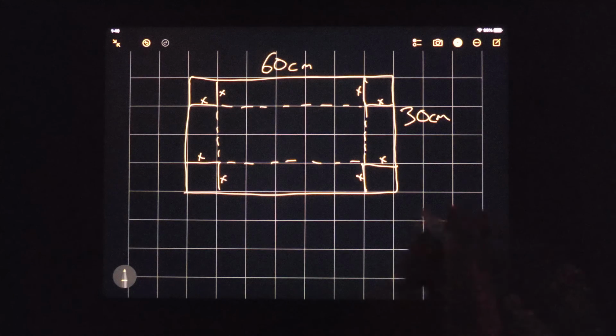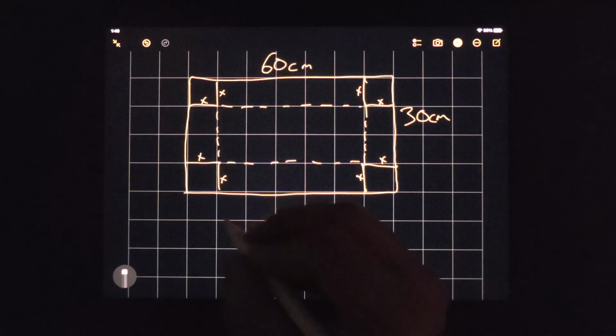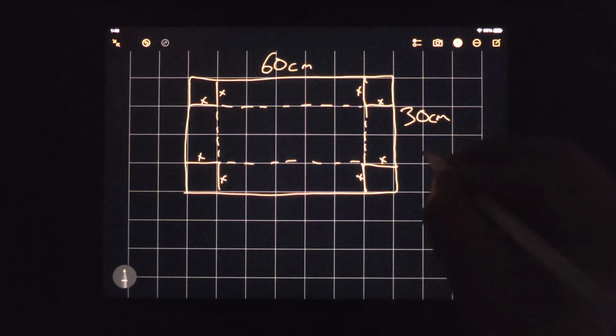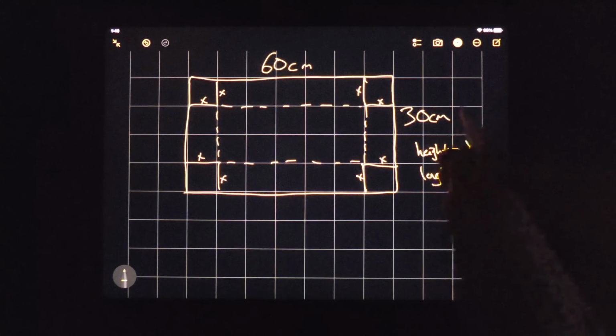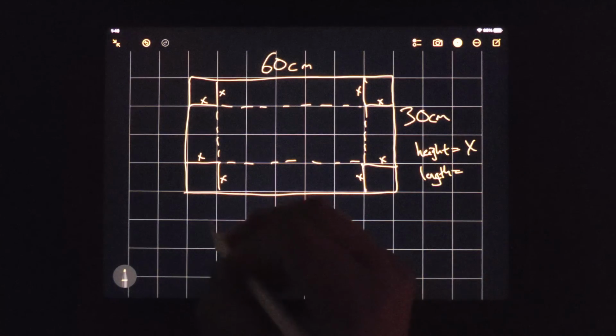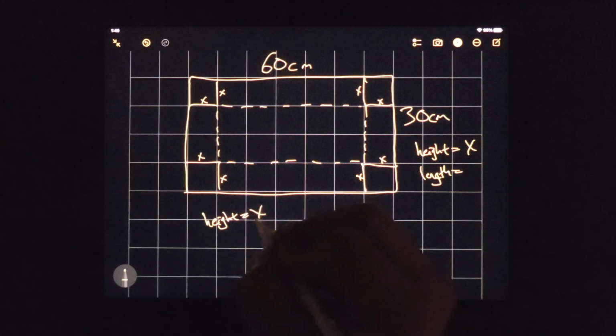So I know that my box's height when I fold it will be x.